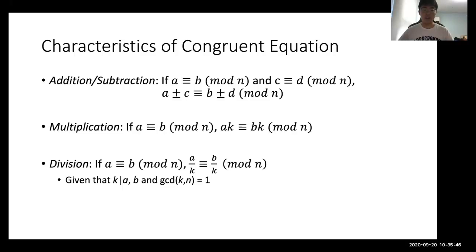For division, there are some restrictions. Given that A and B can be divided by K, and the greatest common divisor of K and n is 1, which means they are co-prime, if A and B are congruent in modulo n, then if we divide both sides by K, they are also congruent in modulo n.